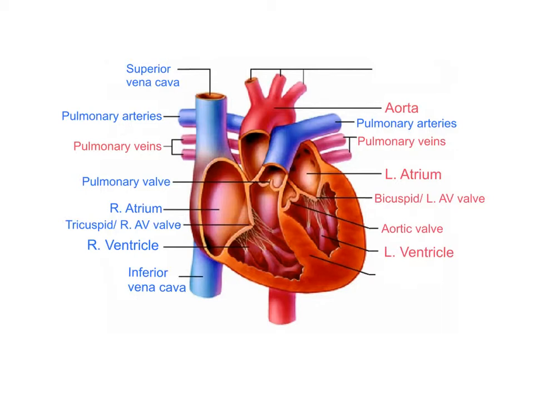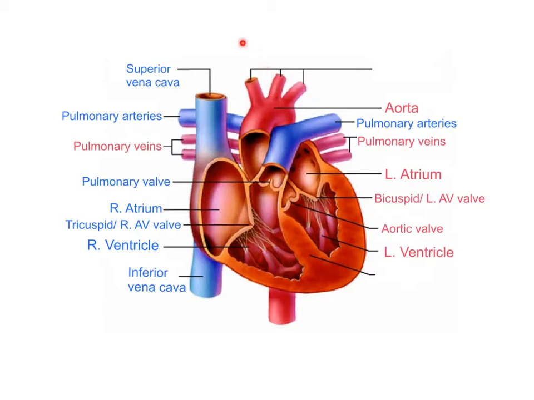After the left atrium, it's going to enter through the bicuspid valve or the left atrioventricular or AV valve. After that, it enters into the left ventricle. And again, it's going to get pumped through the aortic valve, and this goes out into the aorta.